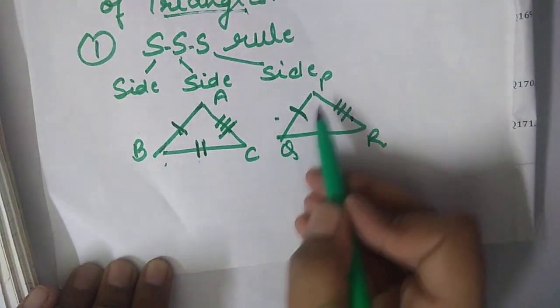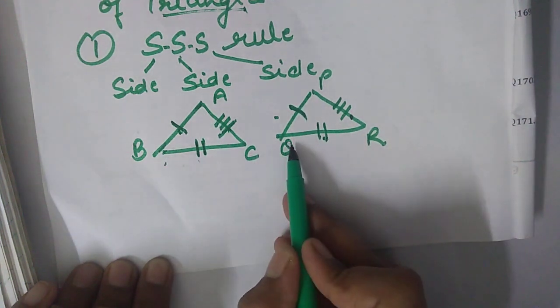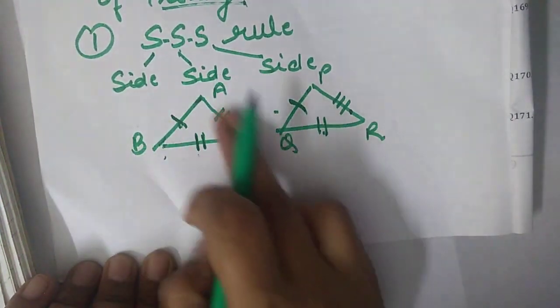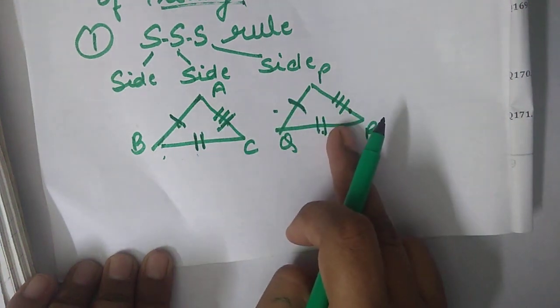Okay, so this side AB is equal to PQ, AC is equal to PR, BC is equal to QR. Now all the three sides of this triangle are equal to all the three sides of this triangle.